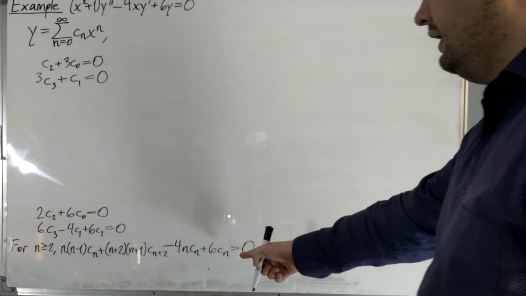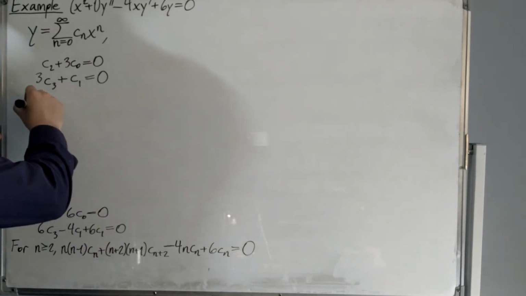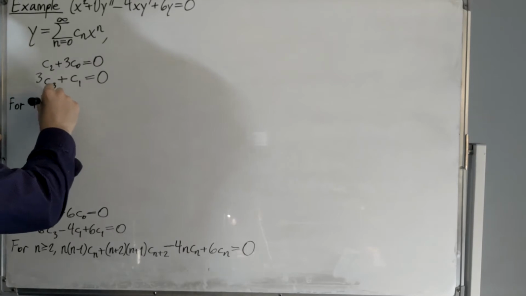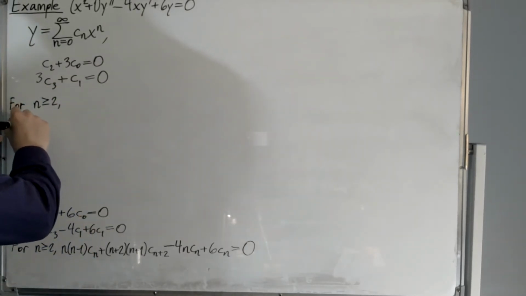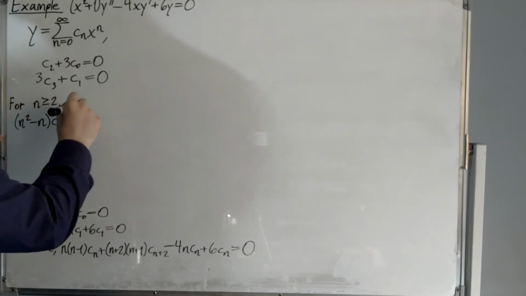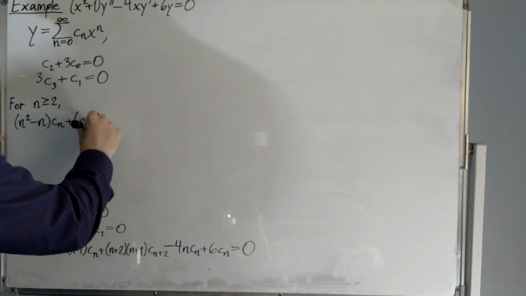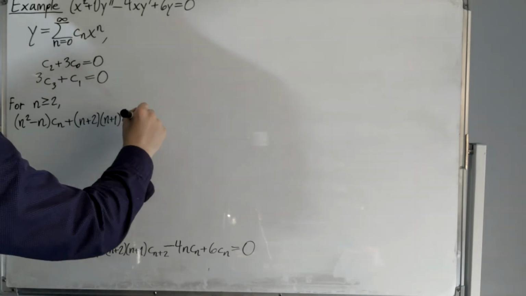As for these equations, we have some like terms that we can combine. We can say that this is for n greater than or equal to 2. We have n squared minus n times Cn plus n plus 2 times n plus 1 times Cn plus 2.